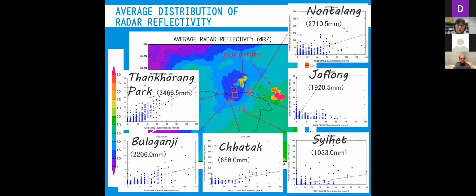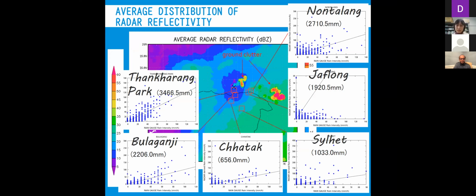The background figure is the average horizontal distribution of radar reflectivity during the 2 months. It shows the radar echo tends to increase with distance from the radar. So it means the necessity to calibrate the dataset more.